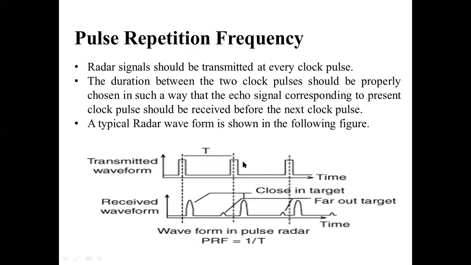That means after one repetition time, when we are transmitting the second pulse, then we get one echo signal. So now we start thinking about whether that echo signal is related to the first pulse or the second. There is some ambiguity there.